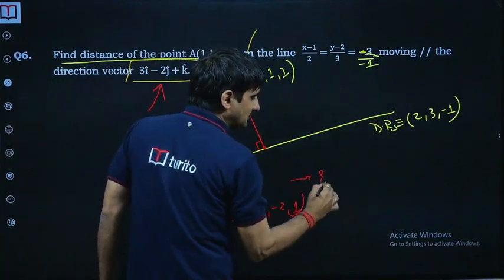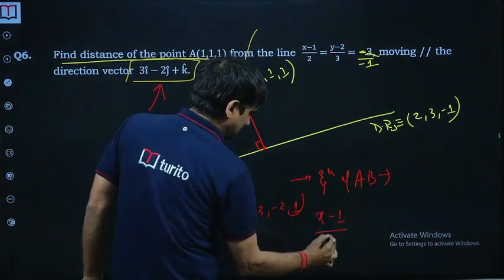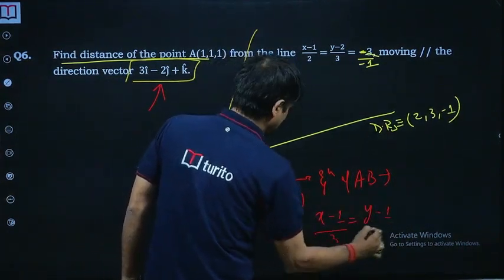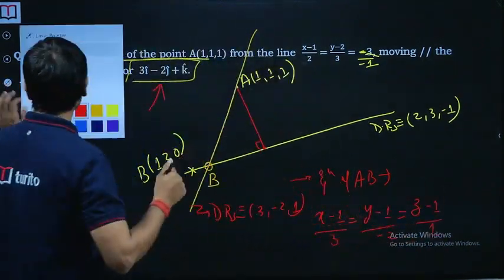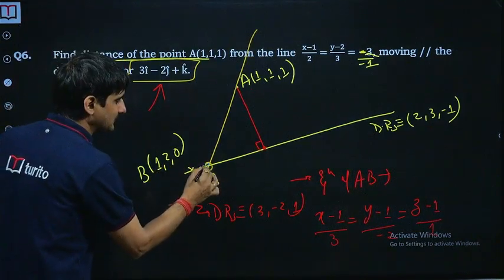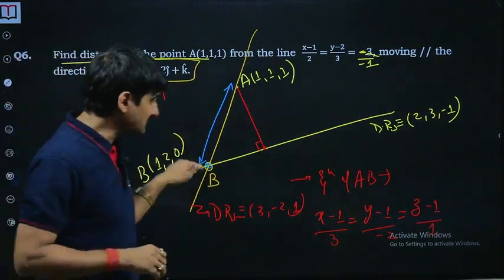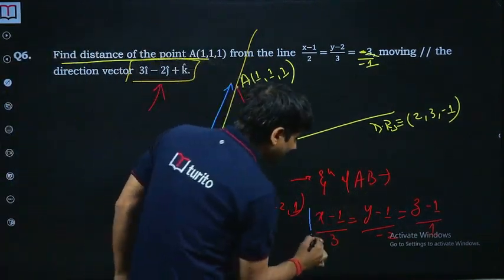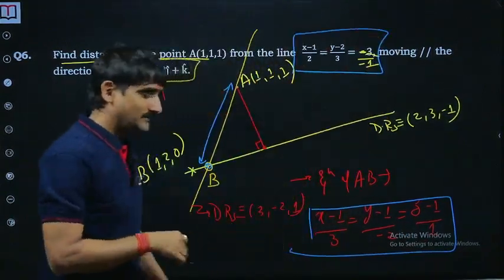So the equation of AB is (x minus 1)/3 = (y minus 1)/(minus 2) = (z minus 1)/1. To find this distance, we have to find this point and then apply the two-point distance formula. But to find this point, we have to find the point of intersection of this line and this line. And we know how to do it.